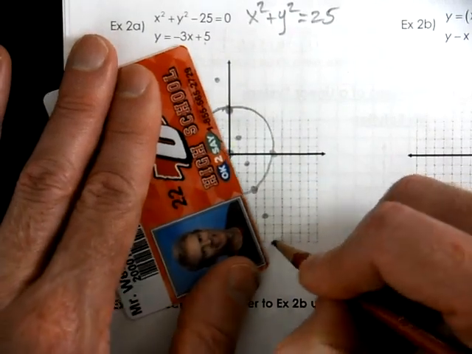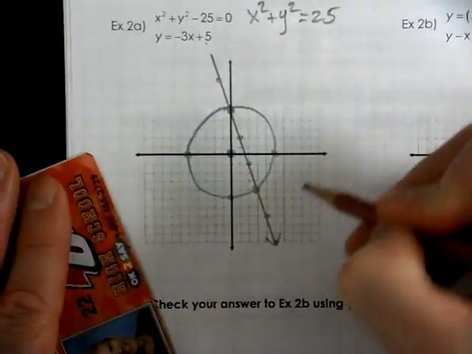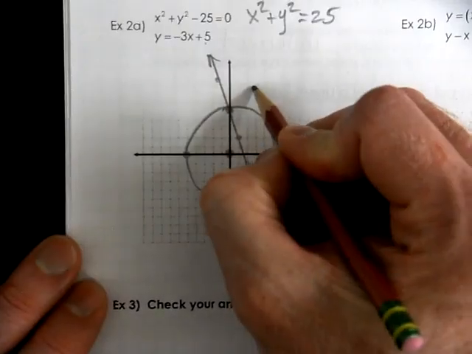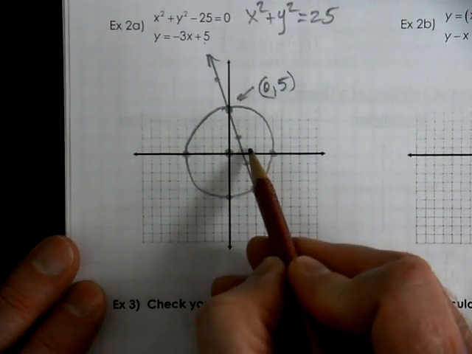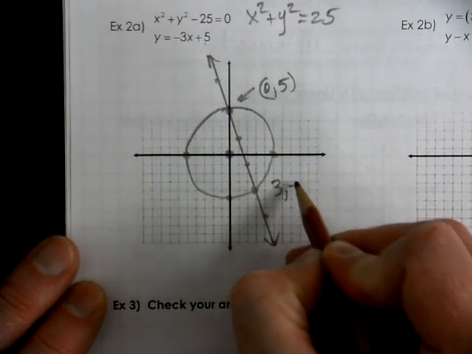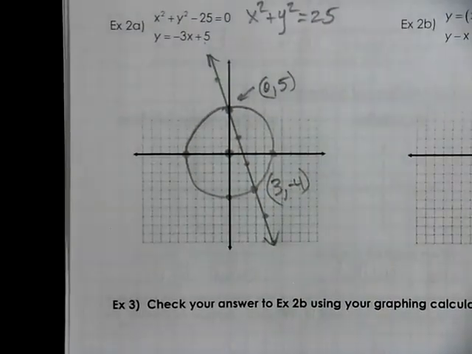So that's going to give us our line. And it looks like it crosses right here at 0, 5, and 3 over, 4 down. Seems like that's where this is crossing.